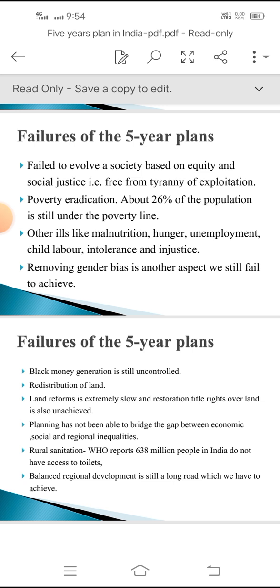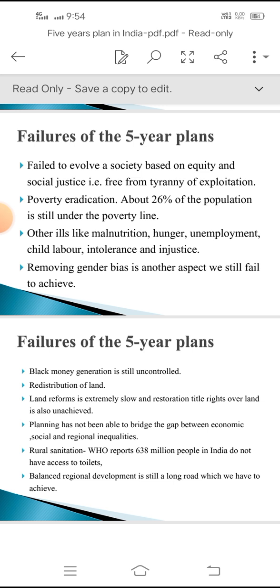At that time this was very questionable and was criticized by everyone. But actually this is the main focus point: the generation of black money is still uncontrolled. So that is the main focus.